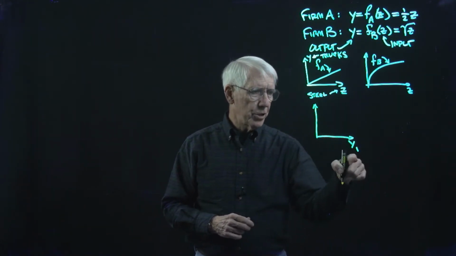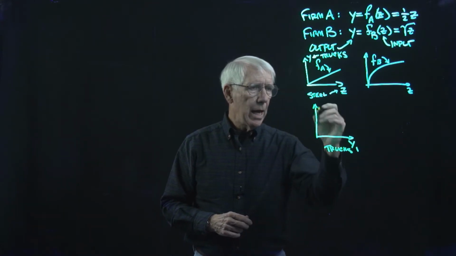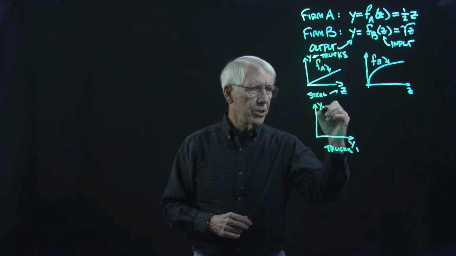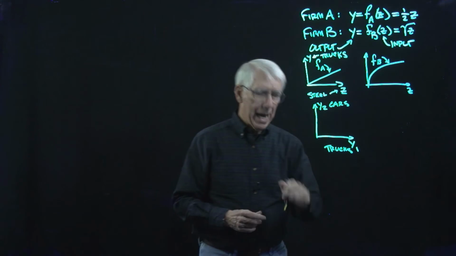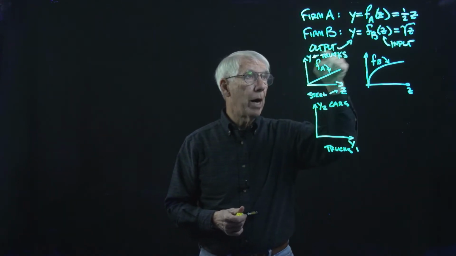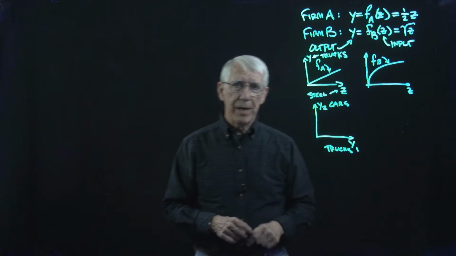The firm can produce trucks, and it can produce cars. And I've used Y in each case because here I used Y for notation for the output. So here we have two different kinds of output.